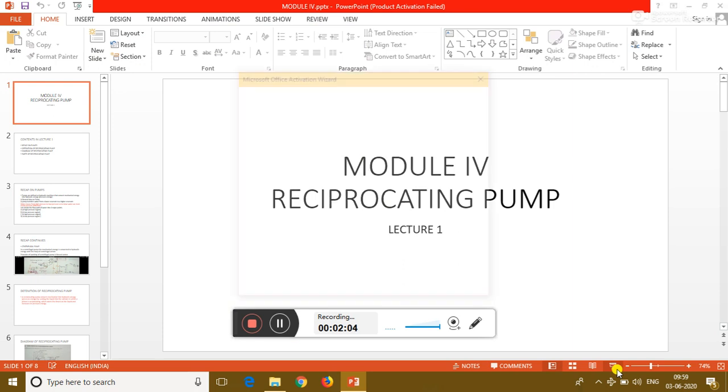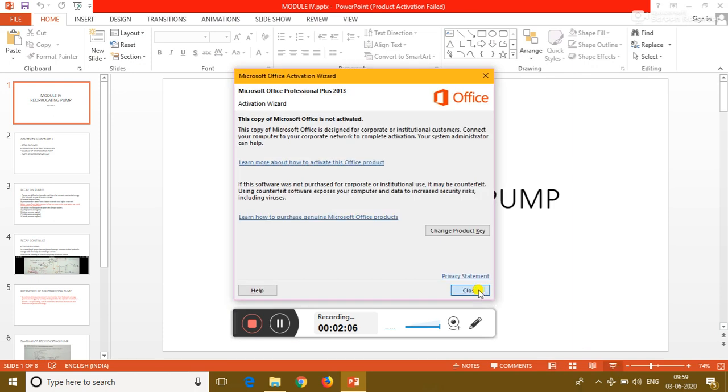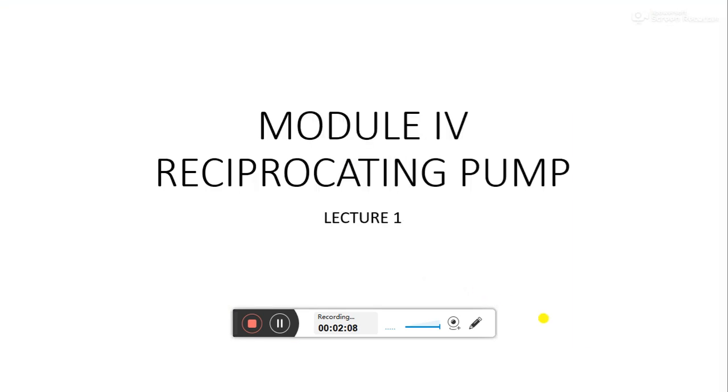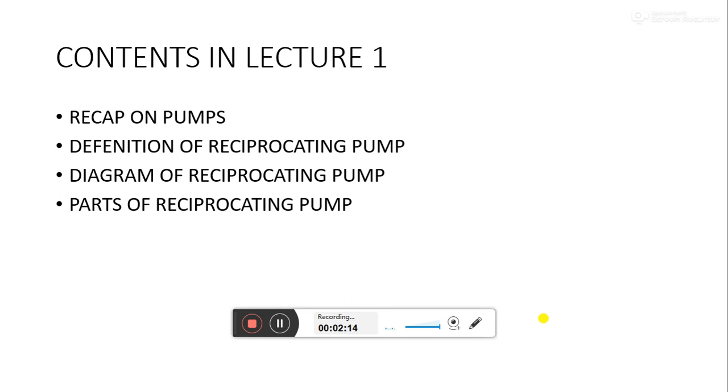Module 4, reciprocating pump, and this one will be the first lecture. Now the contents in this lecture are: recap on pumps, then definition of reciprocating pump, then diagram of reciprocating pump, and finally parts of reciprocating pump.